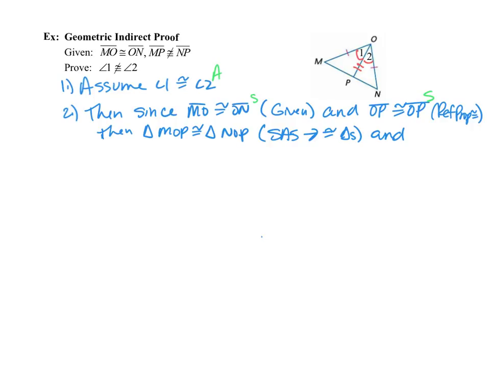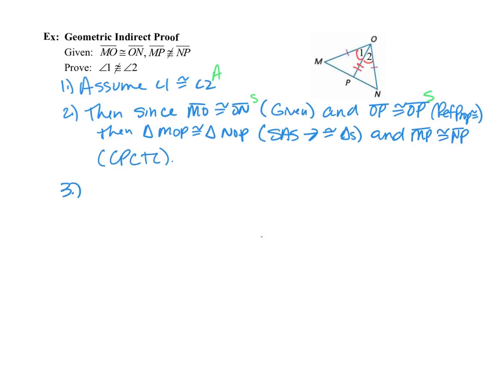Once we get the two triangles congruent, then we can say that MP is congruent to NP because of CPCTC. So MP is congruent to NP, and our reason is CPCTC. Okay, so that's our contradiction. We've reached a contradiction, so we're ready to finish off this proof.